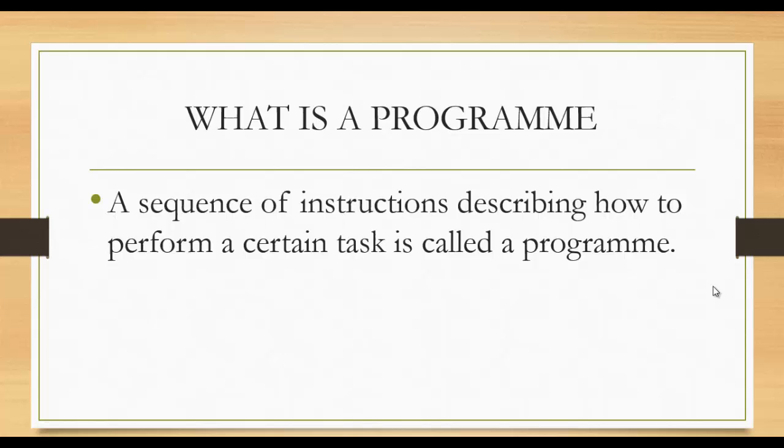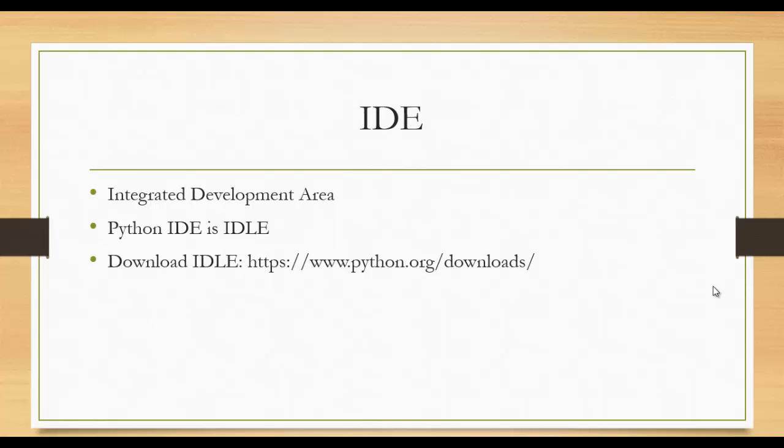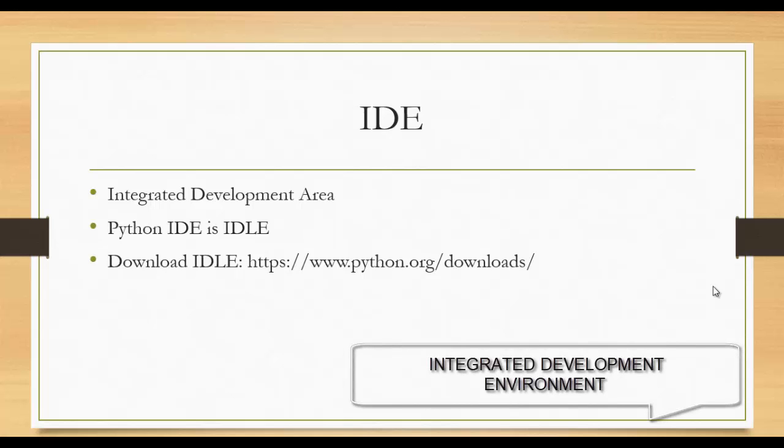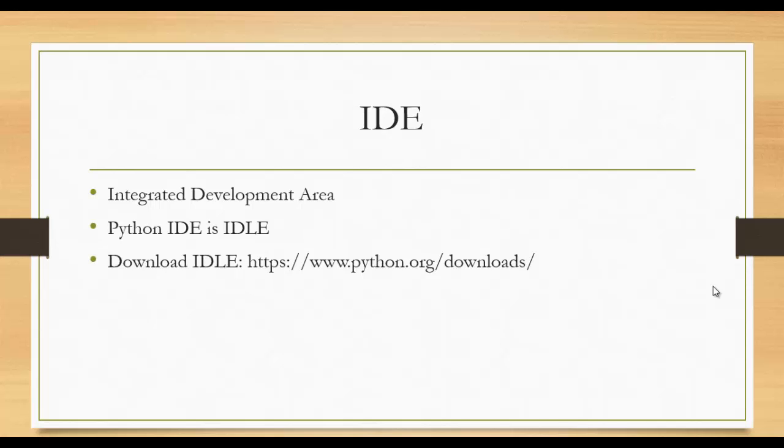That is the meaning of a program. A sequence of instructions describing how to perform a certain task is called a program. Integrated development environment. What is an IDE? An IDE is a software or an environment which includes tools for writing and debugging entire programs. We need an IDE to program in Python or in any language.